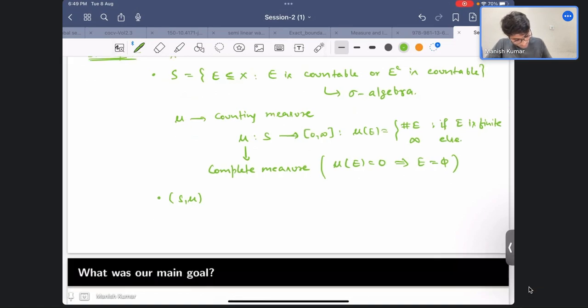Now if you start with this S as a ring, it is anyway a sigma algebra, so it is a ring, and this is a measure given to you. So from here you can go to H of S, right? And what will be H of S? Can you tell me? It's quite easy.